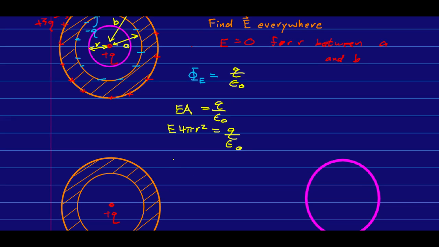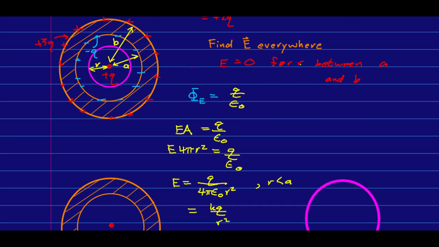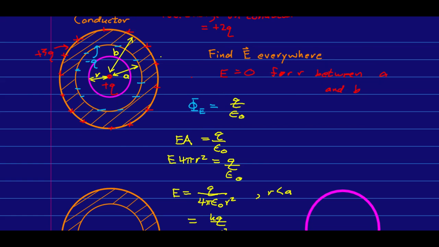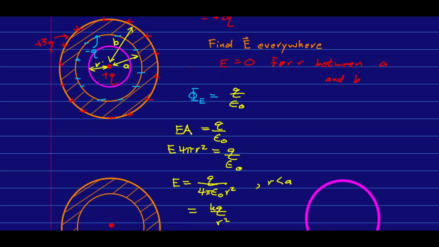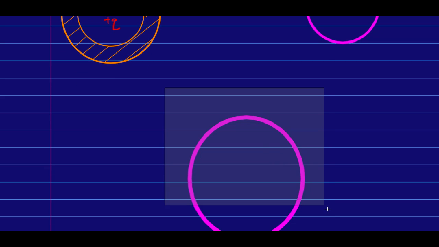And so E is just Q over 4 pi epsilon naught r squared, where r is less than A. And note that 1 over 4 pi epsilon naught is k, so we get kq over r squared. So now we know that E is 0 between A and B, and it's kq over r squared for r less than A, and all that's left is for us to do the case where r is greater than B.